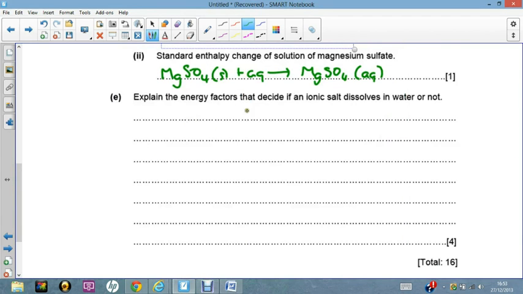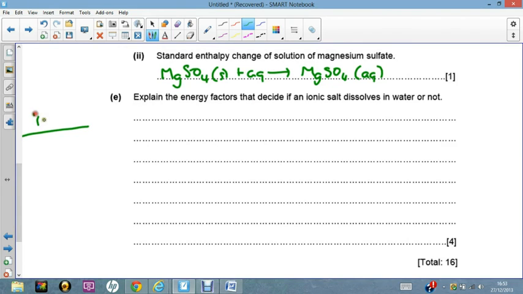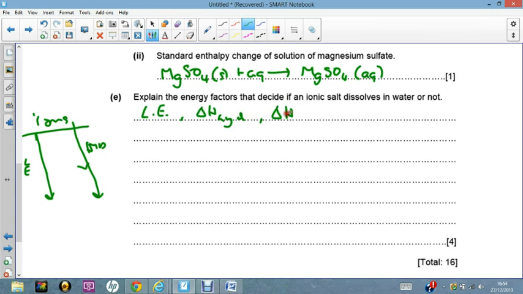And the very final bit. Okay, so the things that are going to decide if something dissolves or not. So think about your Born-Haber cycle. You've got lattice enthalpy on that side, and on this side you've got hydrations. Okay, so we've got lattice enthalpy, enthalpy of hydration, and enthalpy of solution.